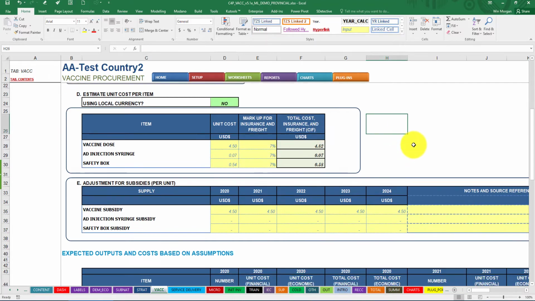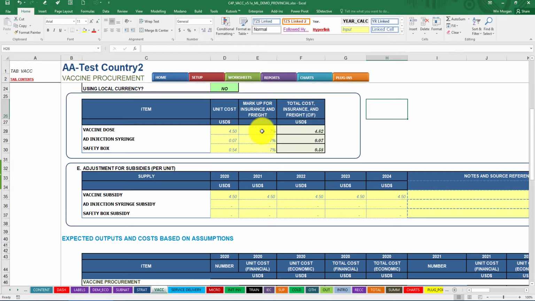The other important thing is to look up what your markup for insurance and freight is going to be. Now, depending upon whether you're working in a landlocked country or you're working in a place that has a port on the coast, your markup value for insurance and freight and handling and all those things from getting the materials from the port to your central warehouse can be anywhere from 7% on a low to as high as 30%.